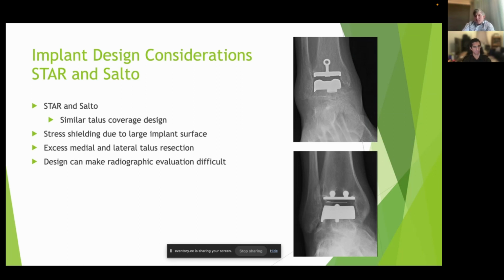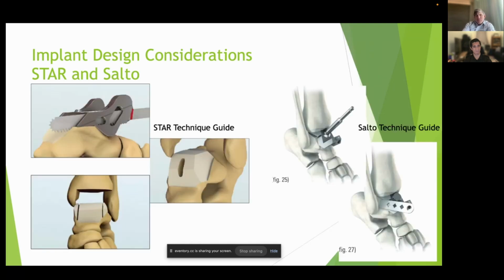And as we all know, bone remodels as a result of the forces that it sees over time, so this can create issues with that stress shielding. Additionally, as we spoke about earlier, the capped nature of the design over the talus can result in some difficulty seeing early lysis or loosening of the implant that could be caught early and potentially result in not quite as extensive a revision surgery.